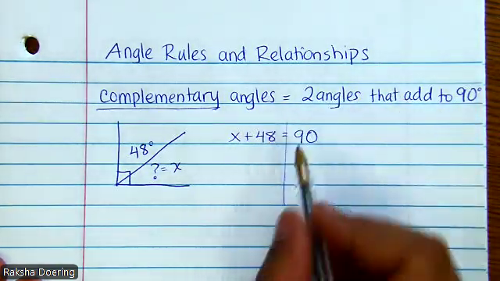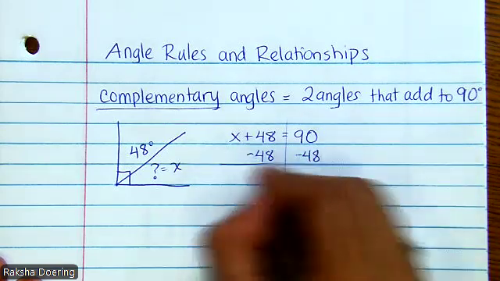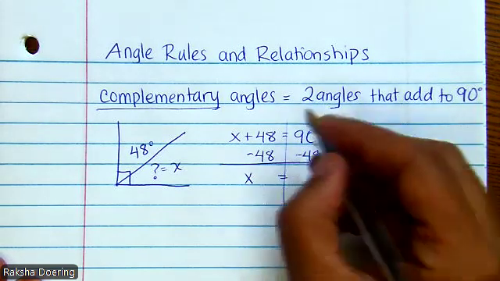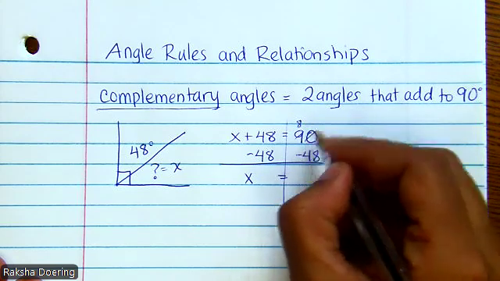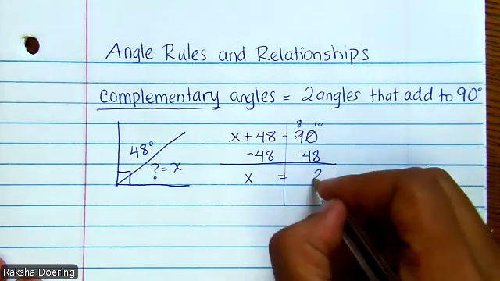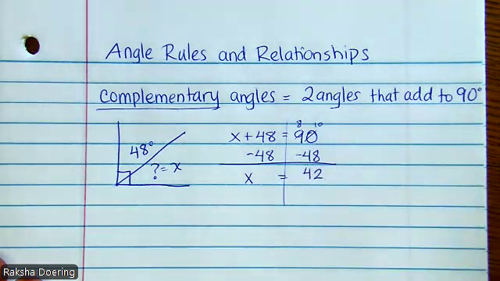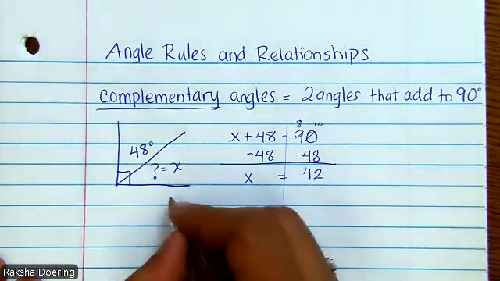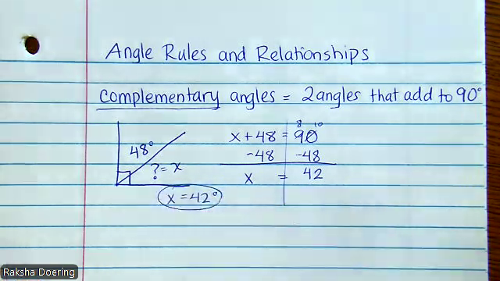Since I have this plus 48, I'll subtract 48 from both sides. And I would get x equals 90 minus 48. I have to borrow from the 90. So that becomes 8, and this becomes 10. 10 minus 8 is 2. 8 minus 4 is 4. So here, my x, or this missing angle here, would be 42. So I could say x equals 42 degrees.